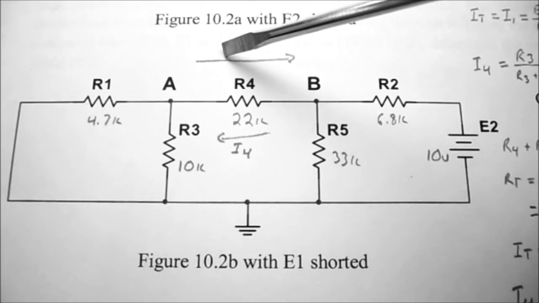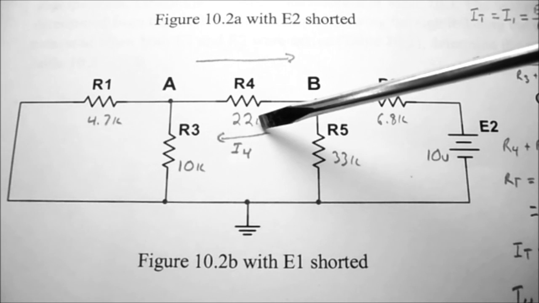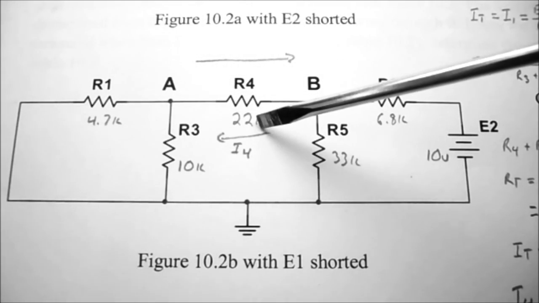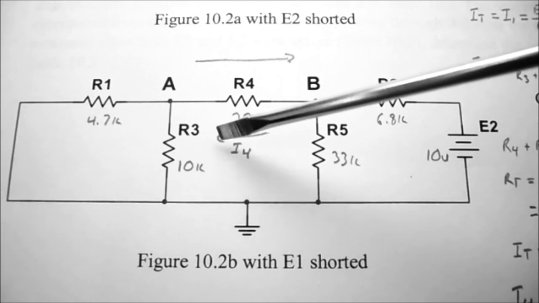So when we do our calculation, we're going to have to remember either this is going to be a negative current, or when we do our final calculation and add the two together, we're going to have to subtract this current because it's flowing in the opposite direction.